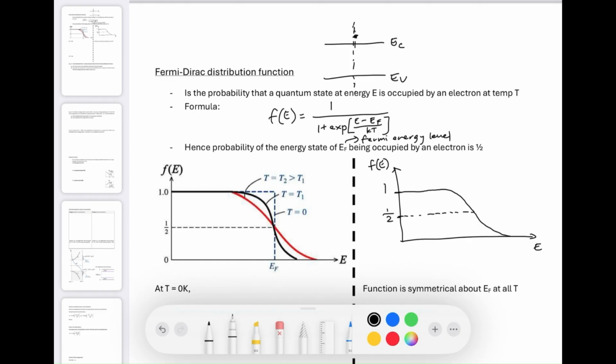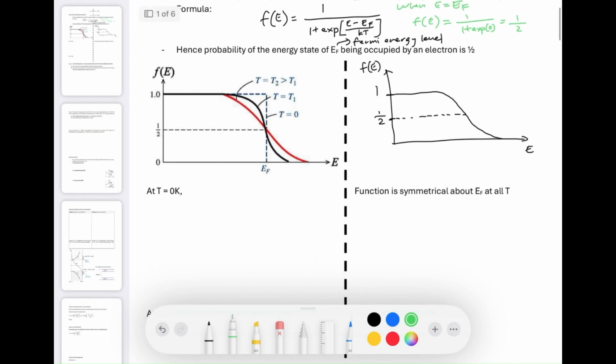The probability of the Fermi energy level being occupied by an electron is always half. This is because when you substitute E equal to EF, F(E) becomes 1 over 1 plus exponential of 0, which is just 1, so it's half.